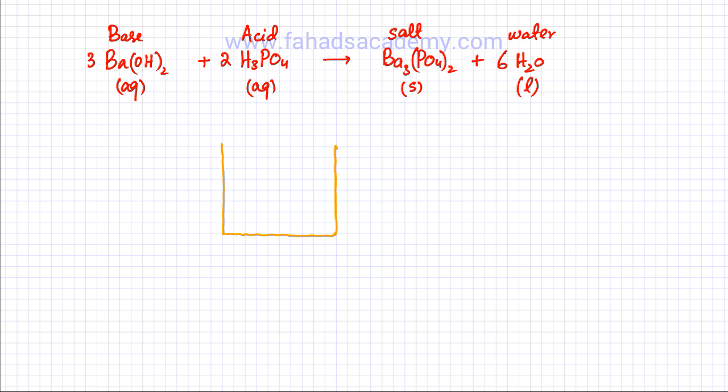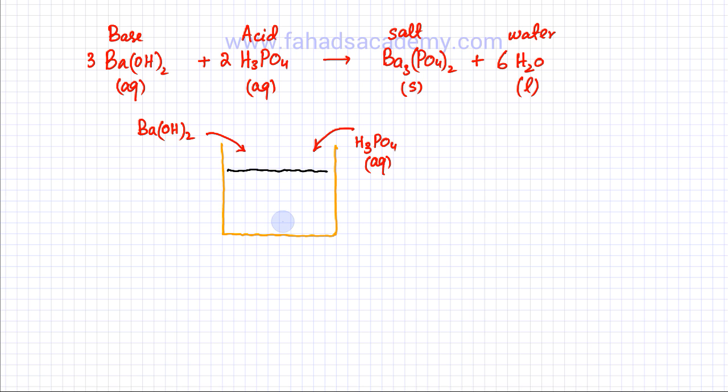So what you're going to do is you're going to simply mix phosphoric acid, which is H3PO4, and which is in aqueous state, and you're going to mix barium hydroxide, which also happens to be in aqueous state. So you're going to mix the two together. And once you mix them, they're going to start reacting.